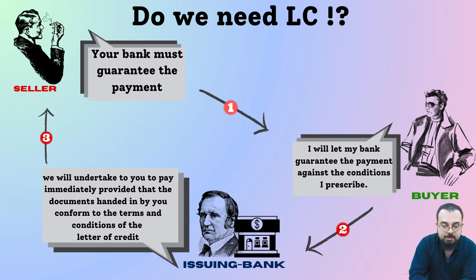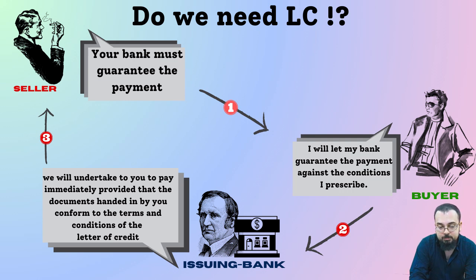About the terms of LC. Who first sets the terms and conditions in the letter of credit? Buyer and seller, right? Buyer and seller first set the terms and conditions in the LC, or applicant and beneficiary.